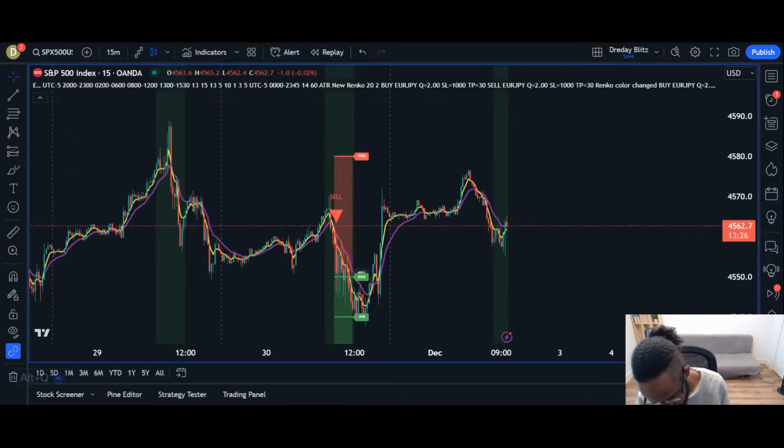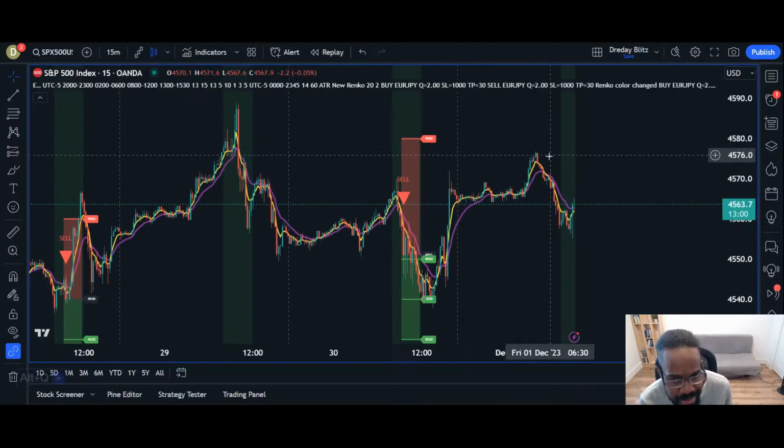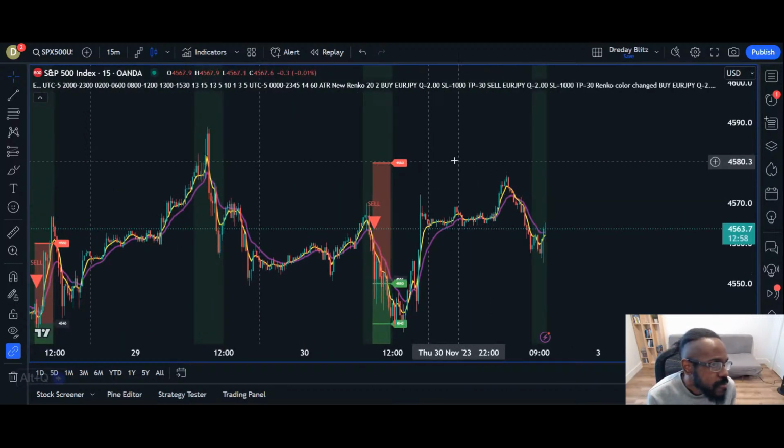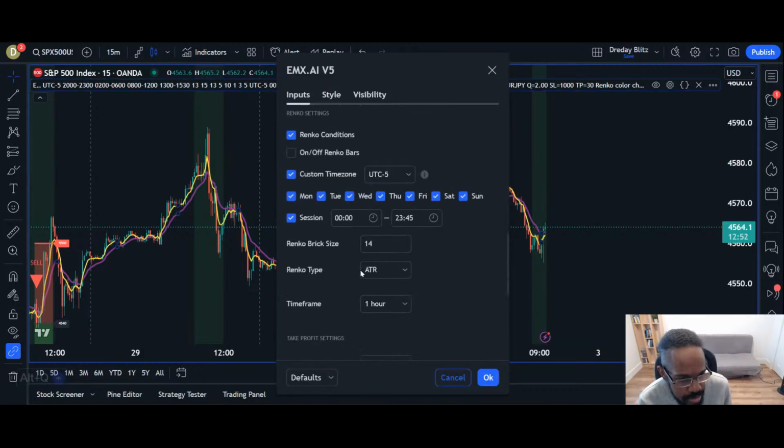So we're still going to do the live and see exactly how EMXAI works on big news events like this. So depending exactly if you're able to trade news or not with your broker that you're using, you're able to use EMXAI with it. So only for the purpose of this live, I'm just gonna open up the Renko so that way we're gonna see where we're at.